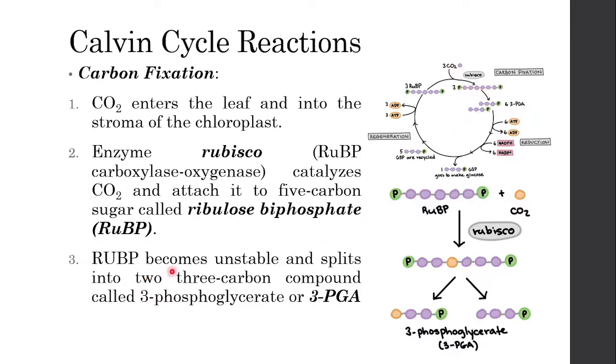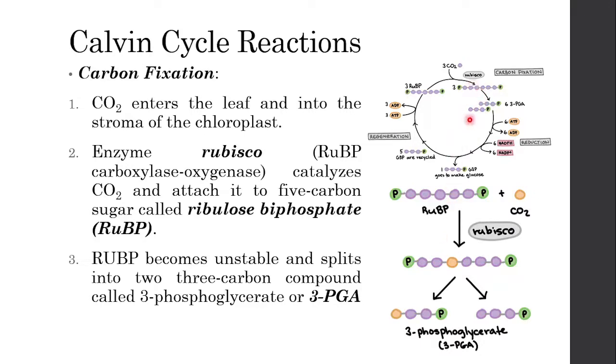It becomes unstable and it splits to stabilize itself. When it splits, we create 2 molecules of a 3-carbon compound called 3-phosphoglycerate, or 3-PGA. That is the first step of the Calvin cycle, the carbon fixation part.